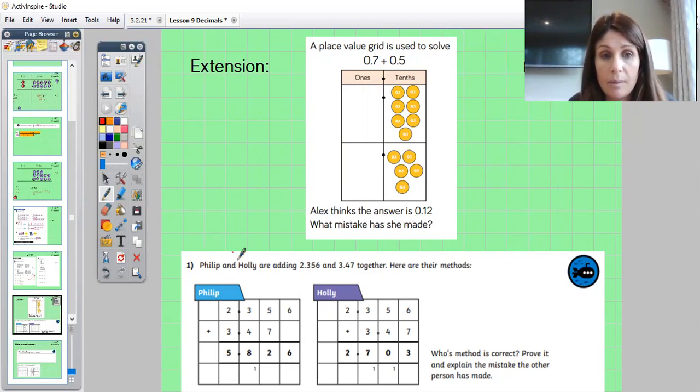And then Philip and Holly are adding 2 numbers. Now they're big numbers, we've gone into thousands, but we're used to looking at these. So they added 2 numbers together, these are their methods. They both had a go at it. Whose method is correct? And you need to prove it. So you need to actually have a go at adding those together. And then you need to explain the mistake that the other person has made. So whoever you think is wrong, you need to say what they've done wrong.